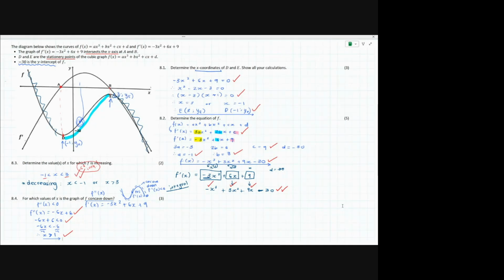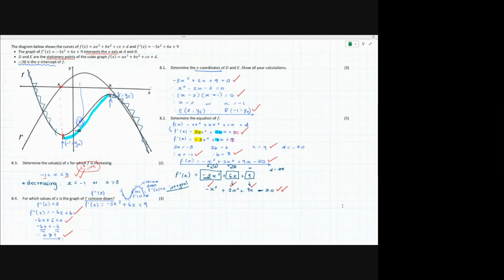And like I said, there were a few different ways that you could have done some of these questions. It just depends on where you're at. But I did think it was a very nice cubic function question. I thought it was an easy cubic function question, but only easy if you knew your stuff. If you didn't know the derivative function and its relationship with x-intercepts, you were going to go wrong.